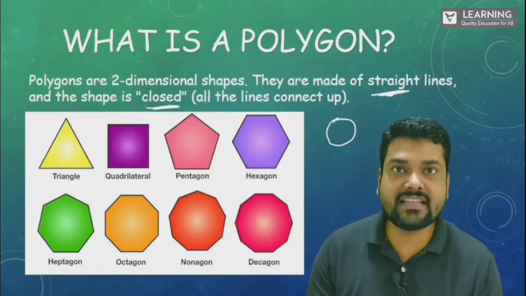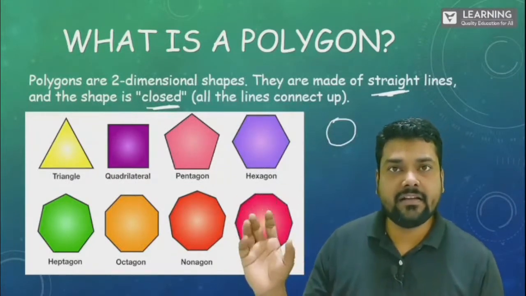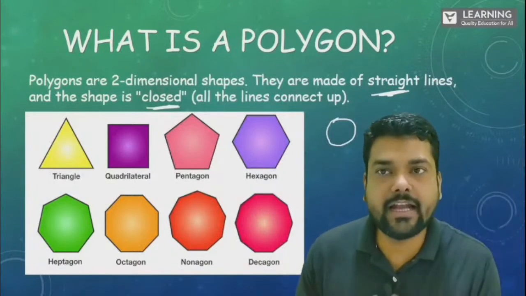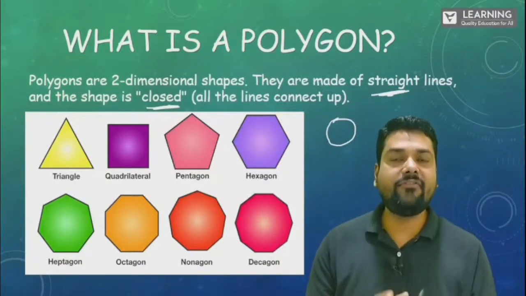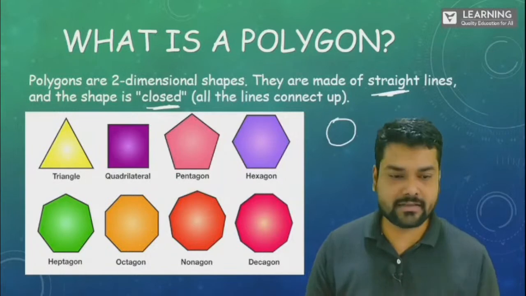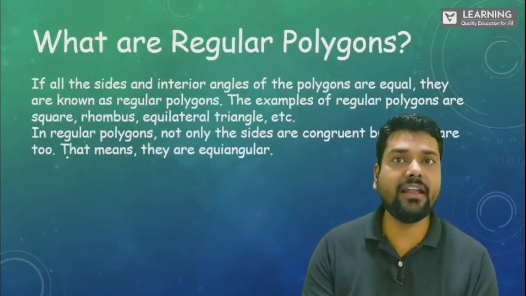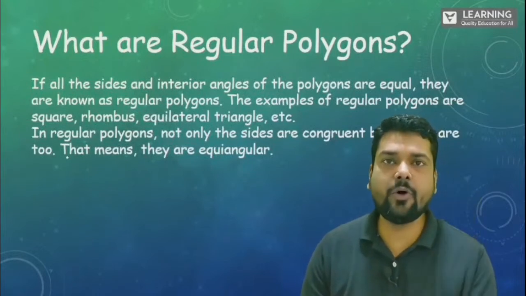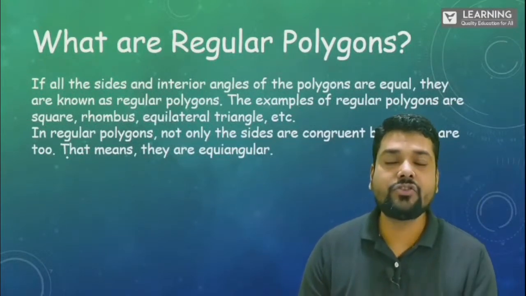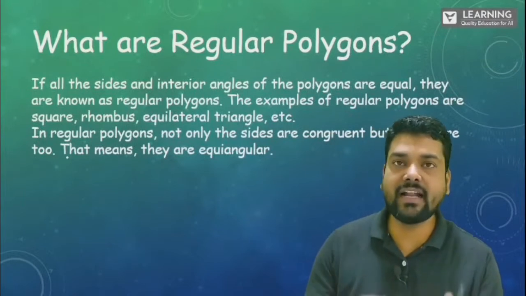But the thing is, what is the end? How are we going to move ahead? For that, we have a few properties of polygons, and they are here. What are regular polygons? First of all, we know a polygon is a geometrical two-dimensional figure that has a closed surface.